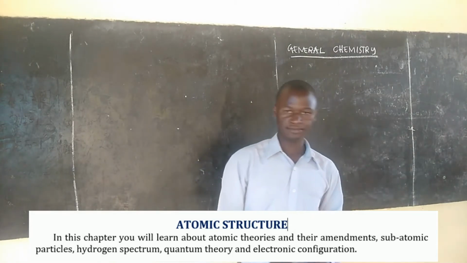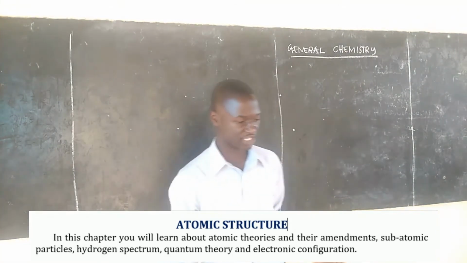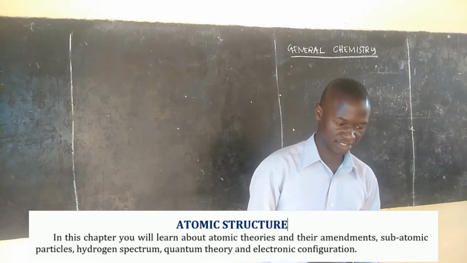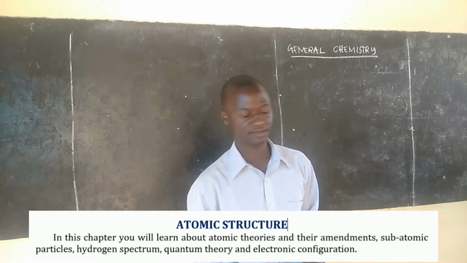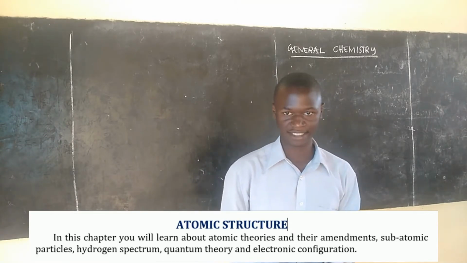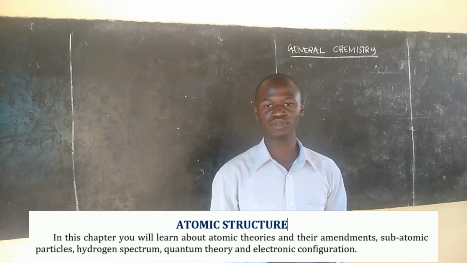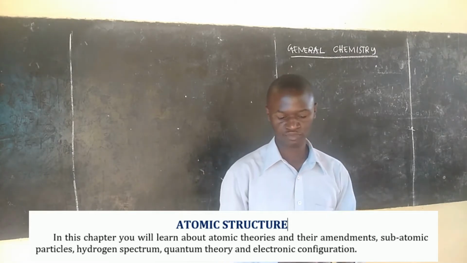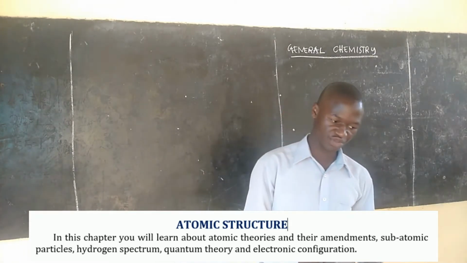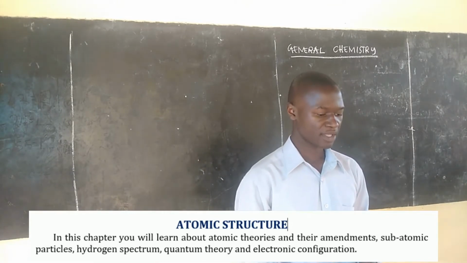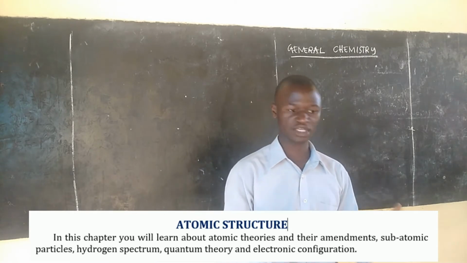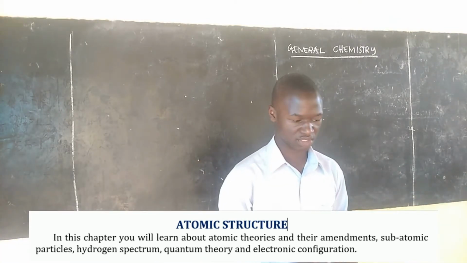In this chapter of atomic structure, we will learn about atomic theories and their amendments. The amendments are just like drawbacks, things that the atomic theory failed to explain. So we will learn about atomic theories and their amendments, and then we will learn about subatomic structures or subatomic particles.